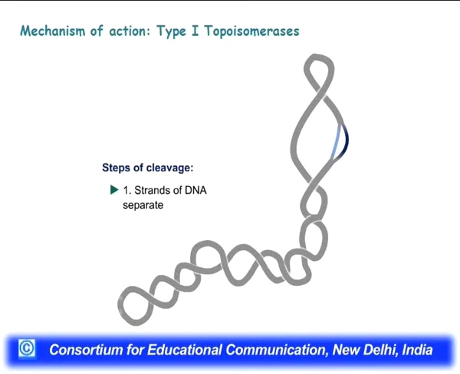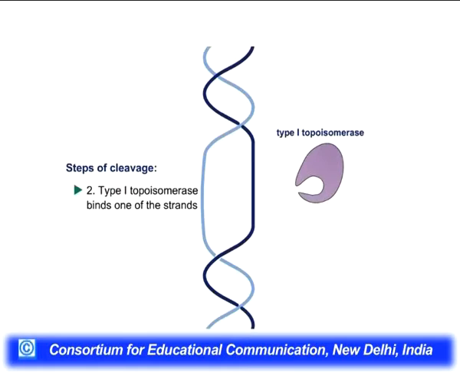It cannot act on a double stranded DNA molecule. The two strands have to be separated for the type 1 topoisomerase to bind to it. This separation can occur, as I told you, when there is over supercoiling, and when it relaxes, by itself it can generate the two separate strands.